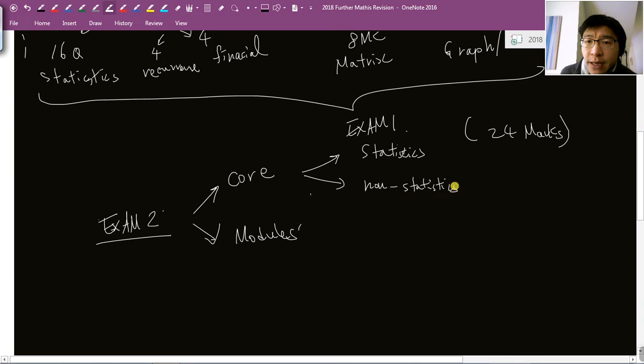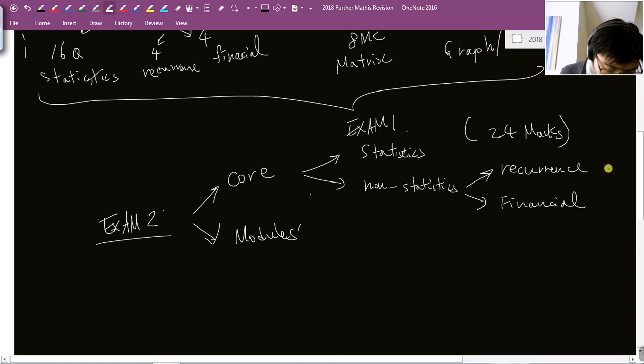Then we have the non-statistics parts. There will be close to 1 to 2 questions for the recurrence, and the other one would be the financial math. Each one of them is about 6 marks. So altogether, we're at about 36.